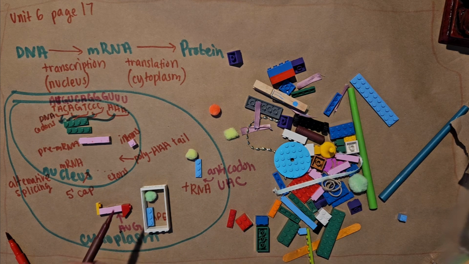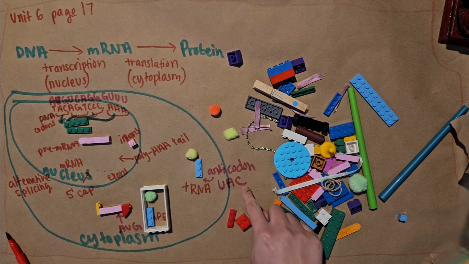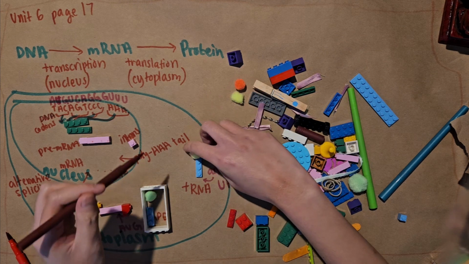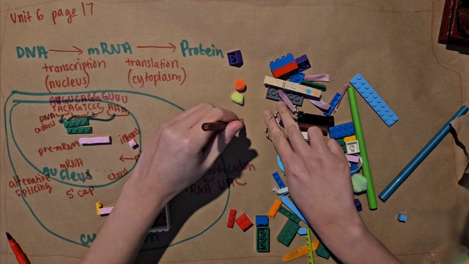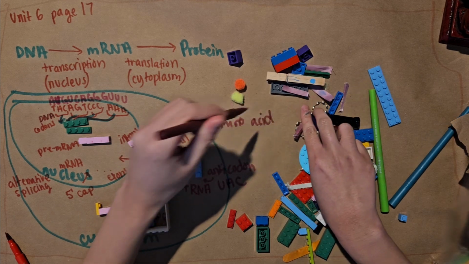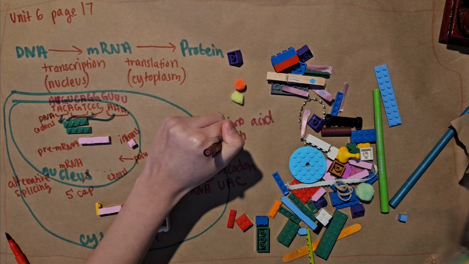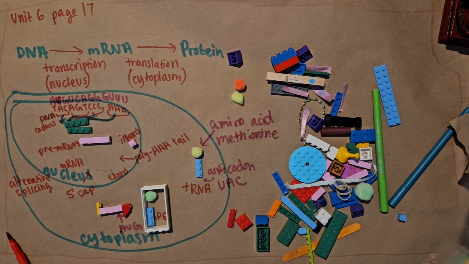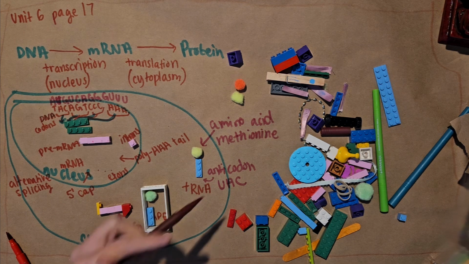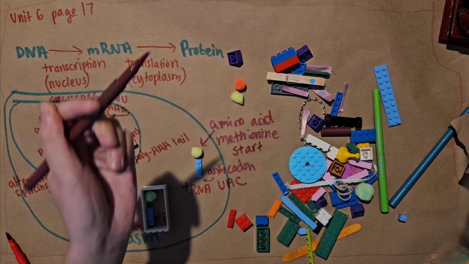And the tRNA with the anticodon UAC will only carry the amino acid called methionine. And methionine will always be the start codon, or like the start.